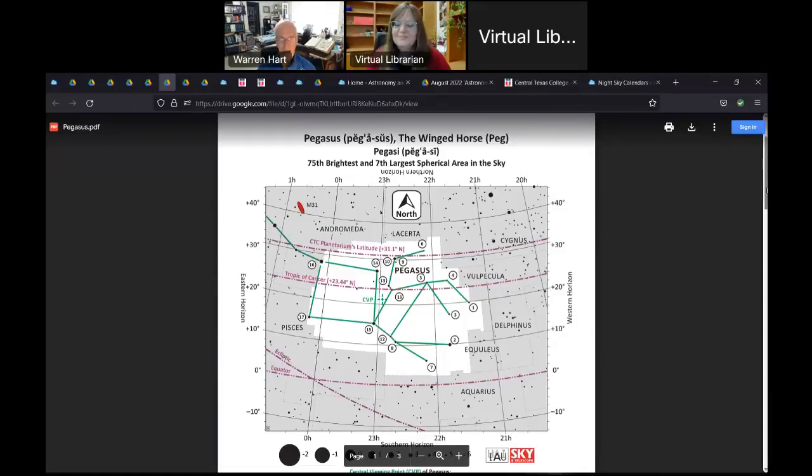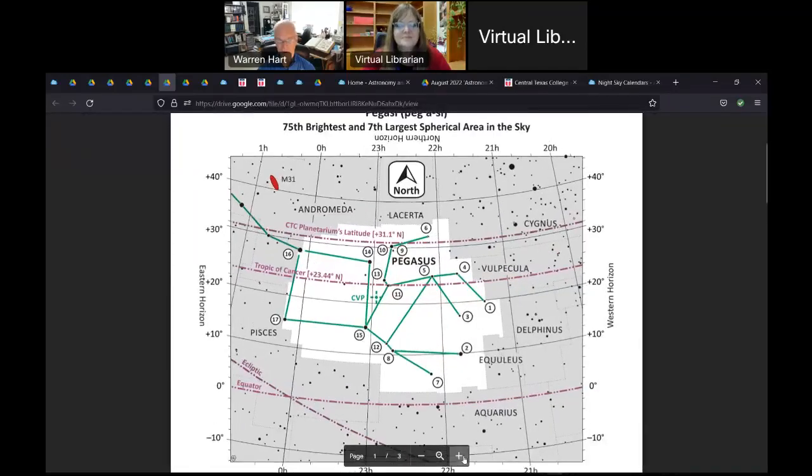Okay, first of all, as we come down, here is our latitude, the planetarium's latitude, 31.1. So when Pegasus comes into the sky and is south of us, it's going to be very high in the sky. You're not going to look down at the southern horizon, you're going to look up as it goes overhead.